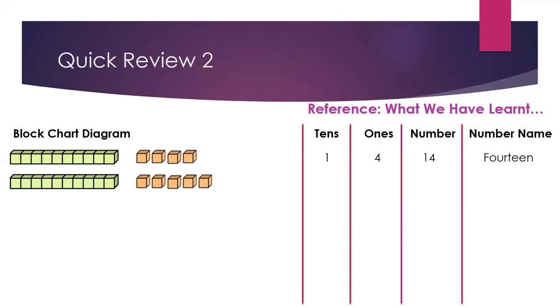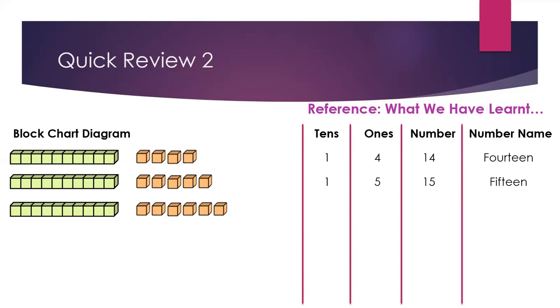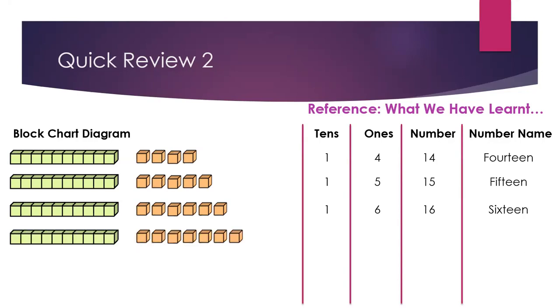And what is the number? One tens, five ones form the number 15, 15. And here's the next number, one tens and six ones. What is the number? One tens, six ones. What is the number? 16, 16. Here's the next number, one tens and seven ones.